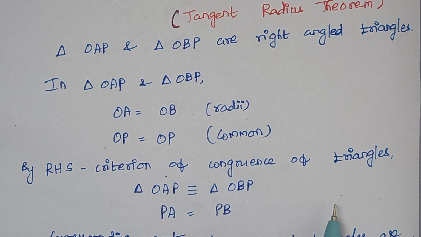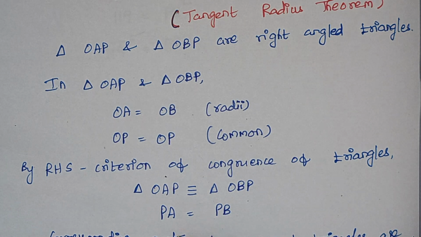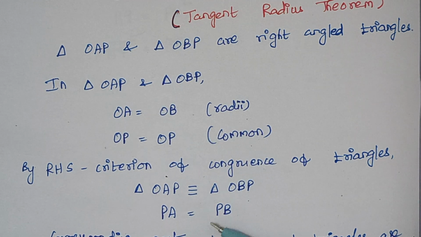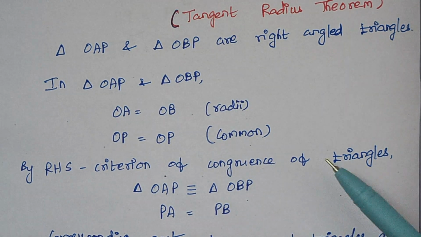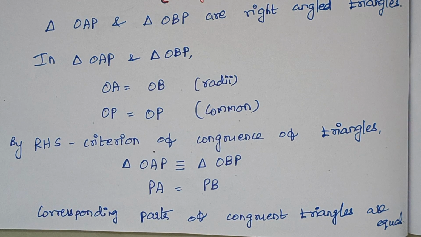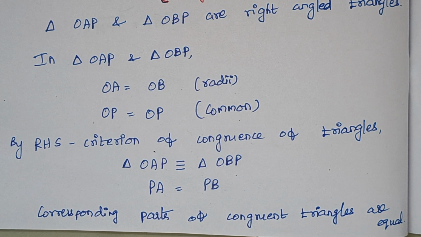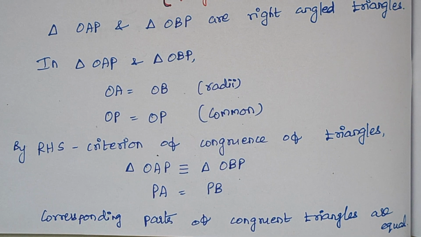So an angle and a side of one triangle are equal to the angle and side of the other triangle, provided both triangles are right angled. Under such a condition, the other side PA is equal to PB, because corresponding parts of congruent triangles are equal. Finally, we have proved that the lengths of the tangents drawn from an external point to a circle are equal.